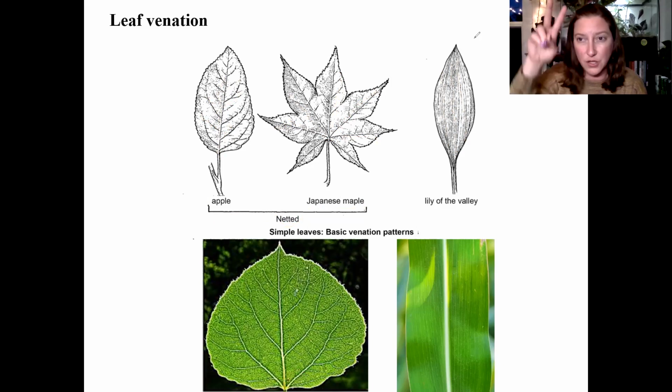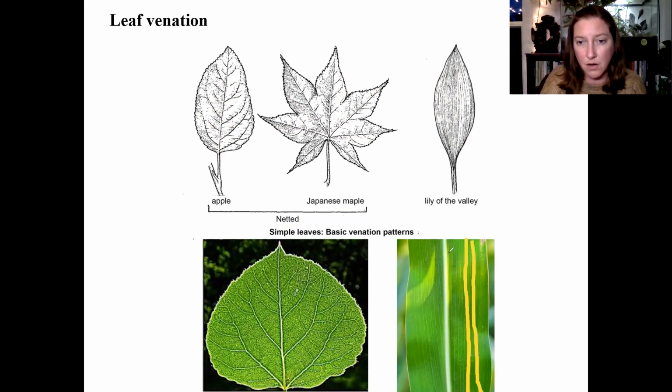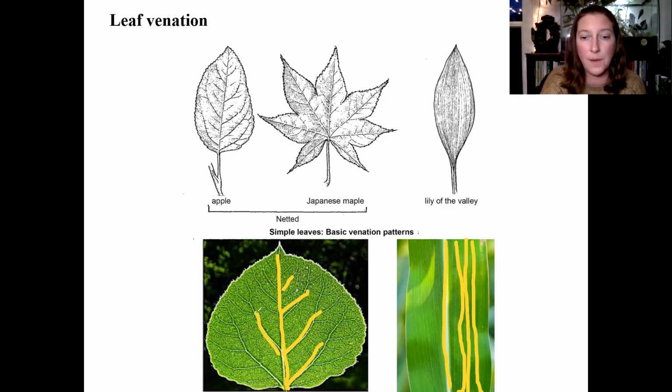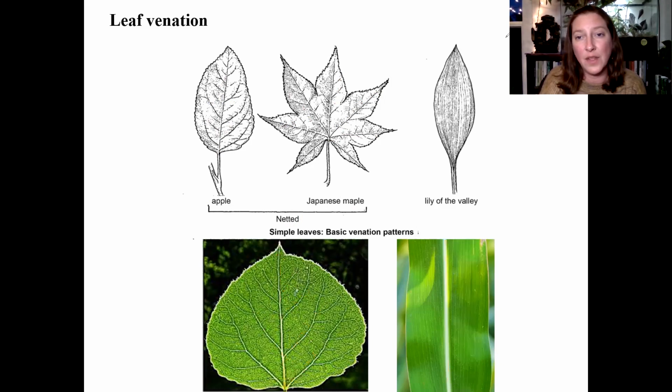No net-like, just straight lines. They're harder to see, but there's a vein there, there's a vein there, there's a vein, whoa, there's a vein there. Here's the midrib in the middle, etc. Whereas on this one, here's the midrib, and then the veins come off of that midrib, not like on the right, right? Okay. So net-like on the left, parallel venation on the right.